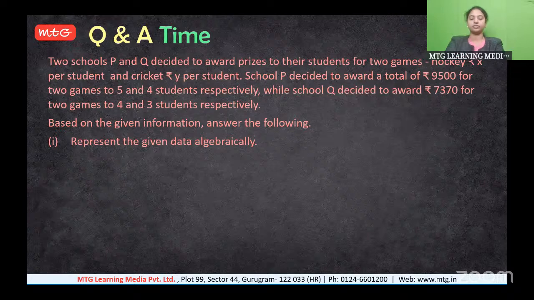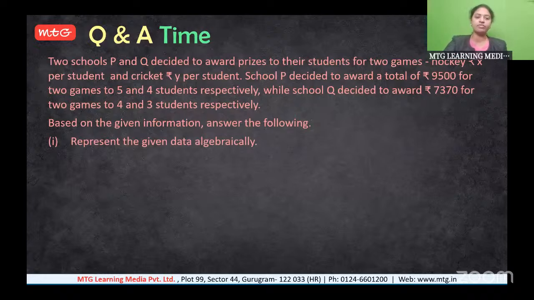Very good. Perfect. Very nice answer, Pushti. So it's a simple thing that you can see here. You have two scenarios where 5 children are playing hockey and 4 children are playing cricket from the first school.